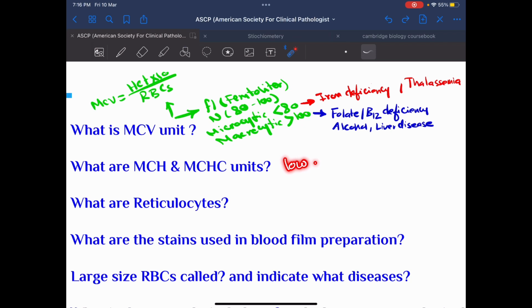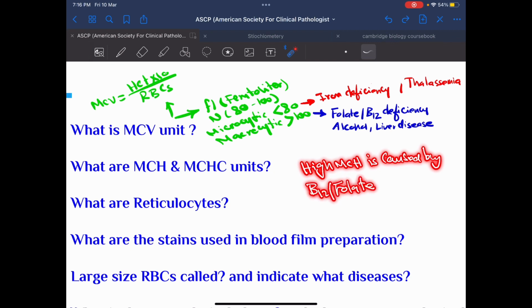Low MCH is caused by iron deficiency. High MCH is caused by B12 folate deficiency.